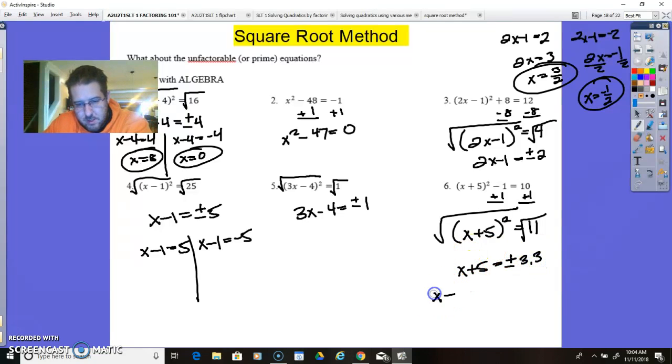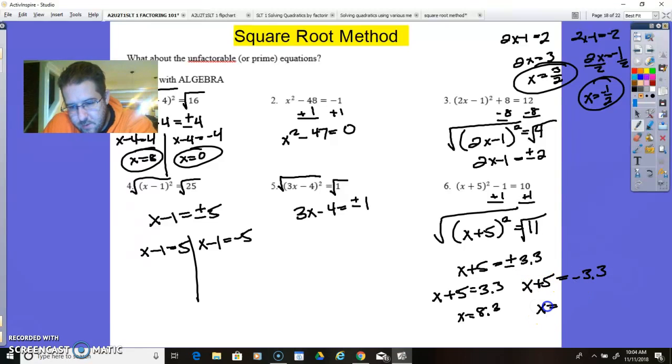And then solve that twice. Do x plus 5 equals 3.3 and x plus 5 equals negative 3.3. Solve it twice. Answer over here is about 8.3. Technically I should be putting about. Okay, so if I subtract 5 from both sides. Sorry, that's what I get for not showing my work.